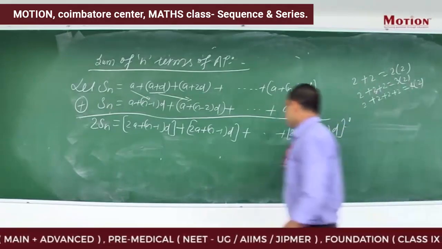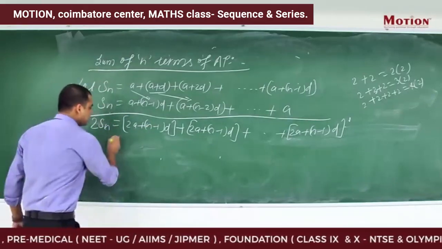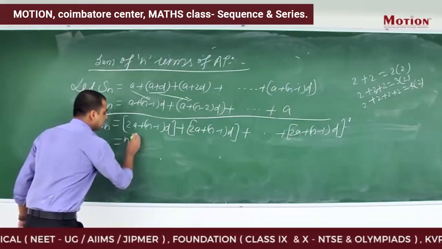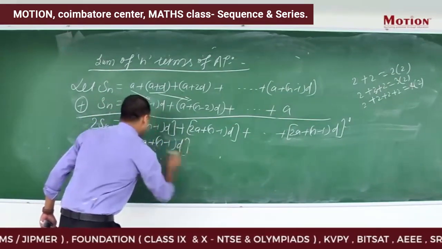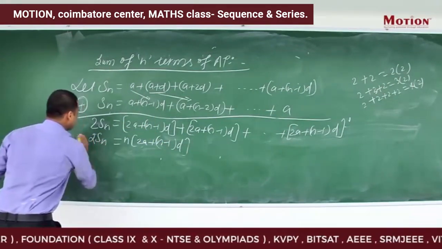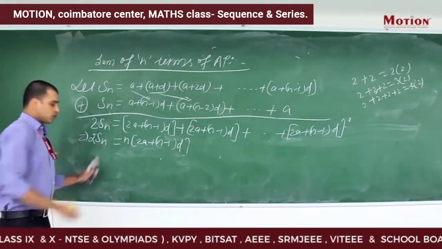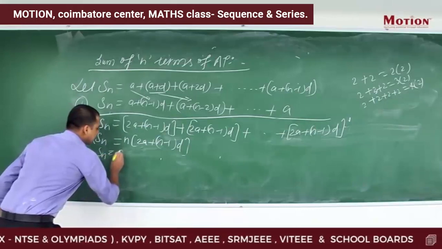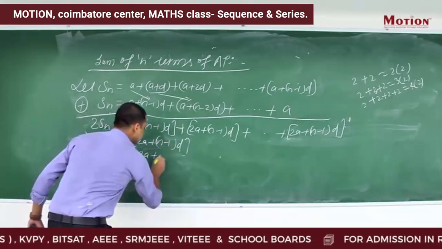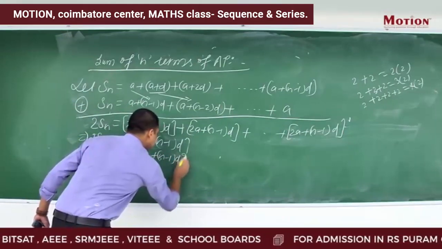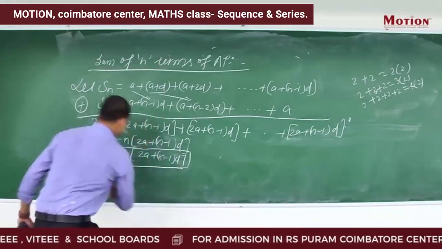So this term is repeating n times, so I can multiply n into 2A plus n minus 1 into D. 2Sn is equal to n into 2A plus n minus 1 into D. Divide both sides by 2, so we get Sn is equal to n by 2, 2A plus n minus 1 into D. This is our formula for finding the sum of n terms of AP.